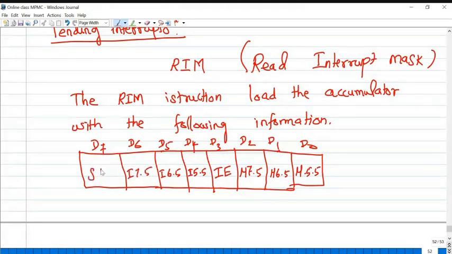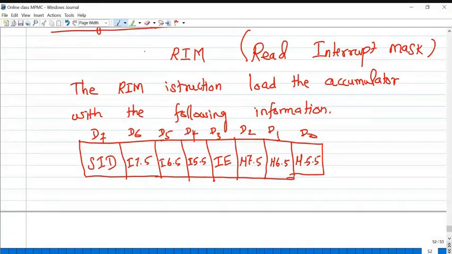And this is for serial input data. So this is the bit pattern the microprocessor interprets in the accumulator content whenever the RIM instruction is executed.